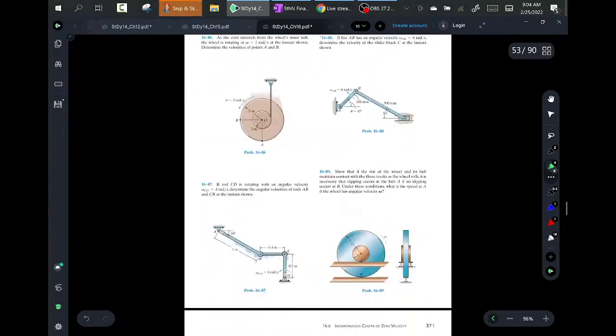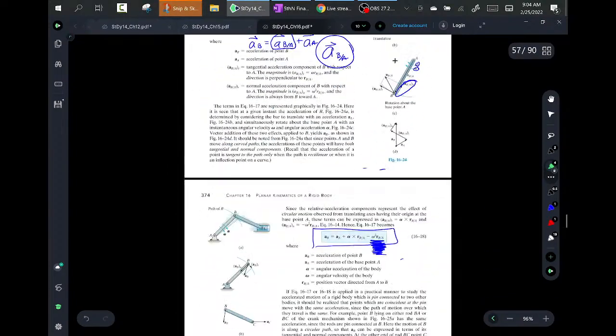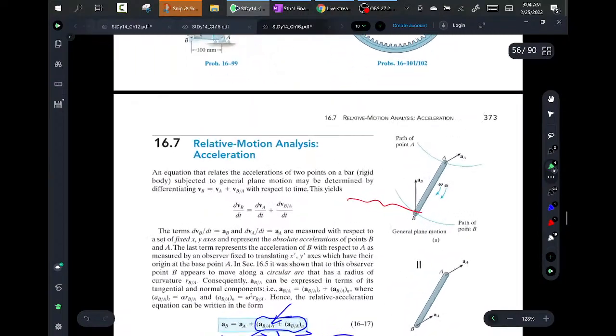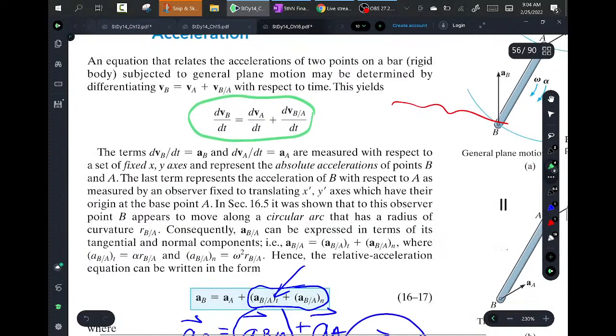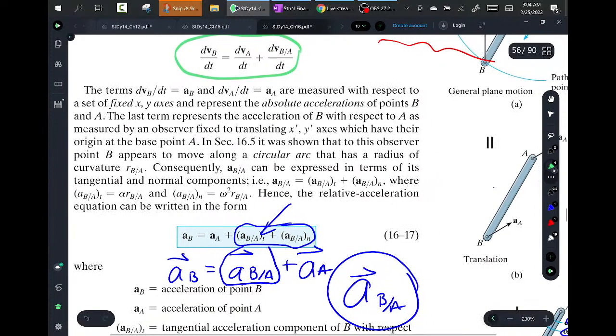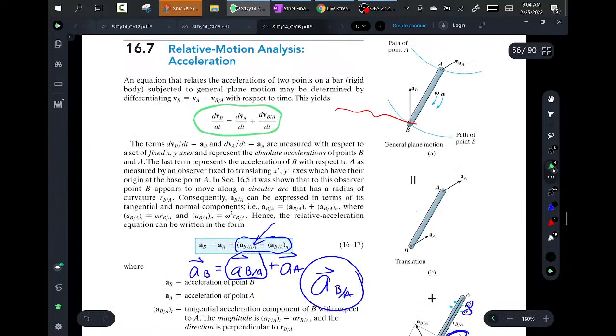So the difference here in the acceleration component is this. If you look at these, what you've got is an extra term here, which is a tangential term.